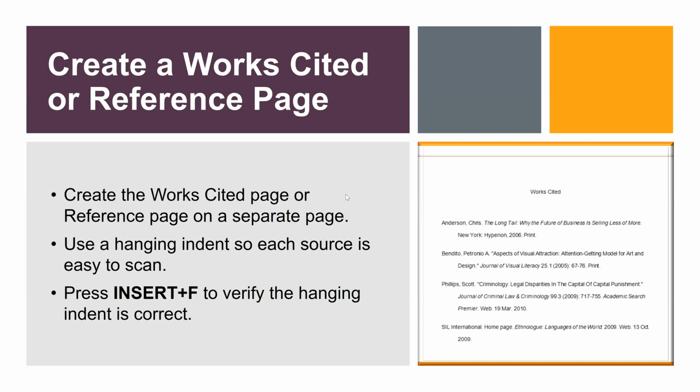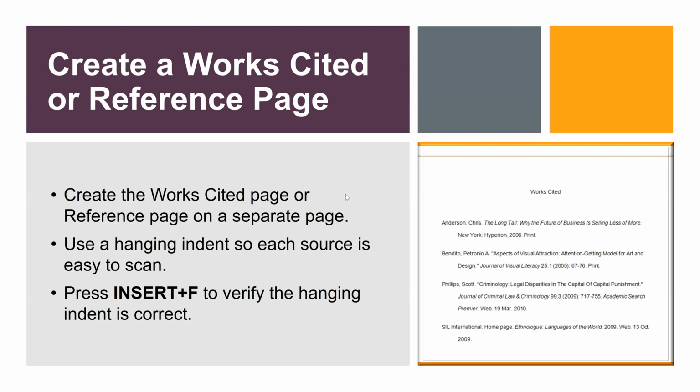Okay. Works cited. So in MLA, they call it a works cited page, and in APA, it's a reference list. I don't know what it's called in the other styles, but I know it can be called something different. No matter what it's called, typically speaking, when you create a reference list, you're going to put it in alphabetical order, and you're going to use what's called a hanging indent.